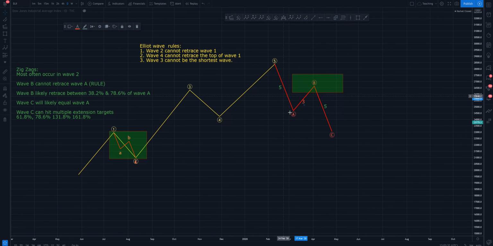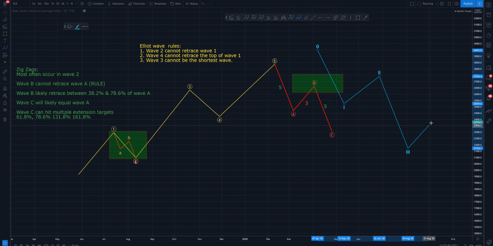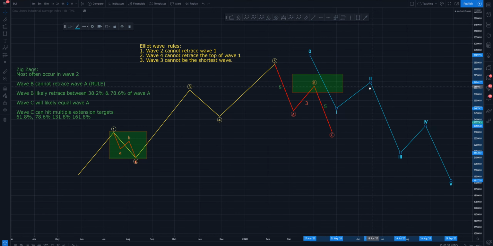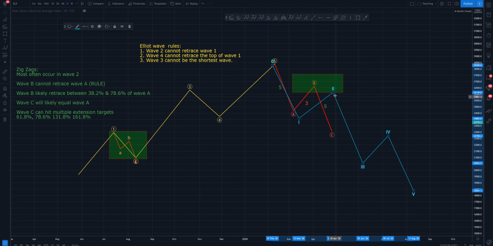The subwave count is 5, 3, 5, but the subwave count of an impulse wave is also 5, 3, 5, 3, 5. So the question you have to ask yourself when you see a pivot and a 5 wave move down and a 3 wave move up is, are you in an A, B zigzag, or are you perhaps in a 1, 2?